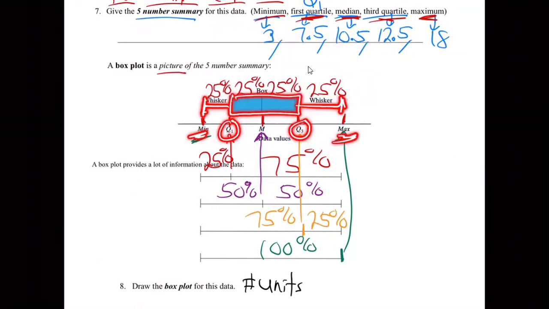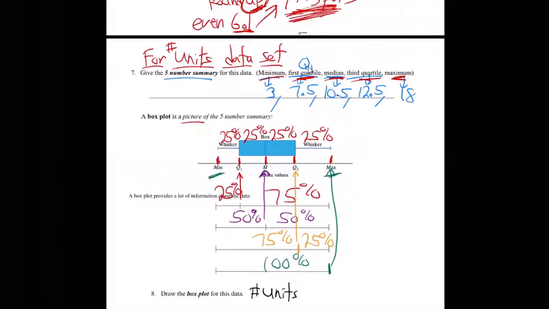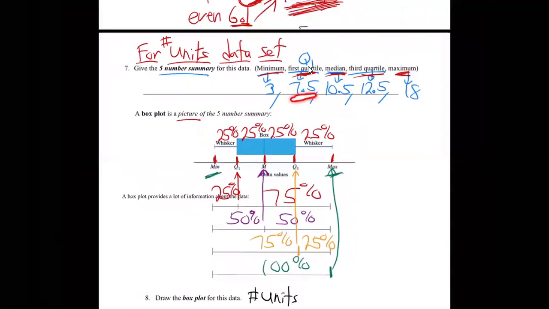Do you see how the box goes from Q1 to Q3? So I'm going to grab Q1 and Q3. Here's Q1, here's Q3. So the box needs to go between those guys from 7.5 to 12.5. Q1 to Q3. So 7.5.